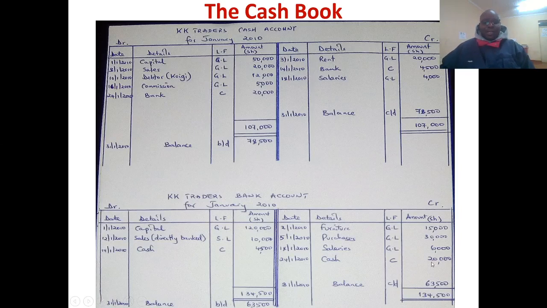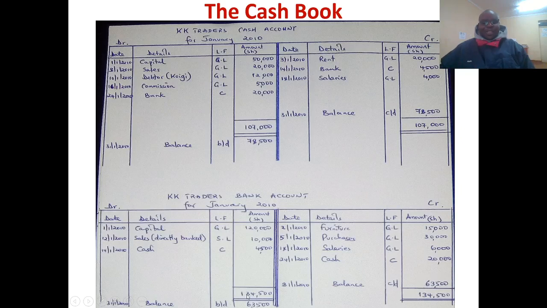The same will be done for the bank account. You compare the debit side and the credit side. It appears that the debit side has more amount than the credit side by 63,500.